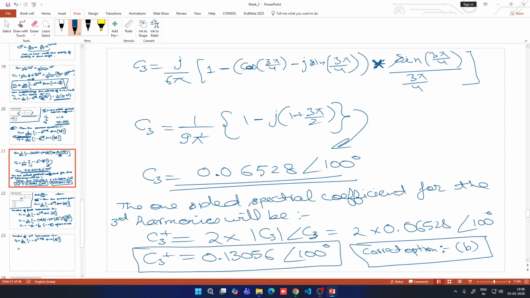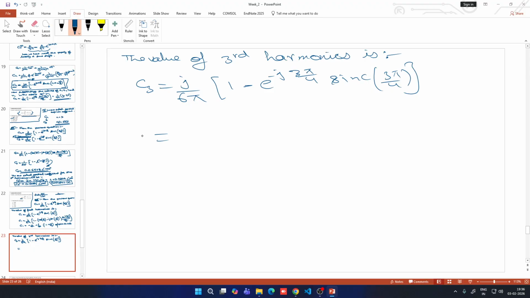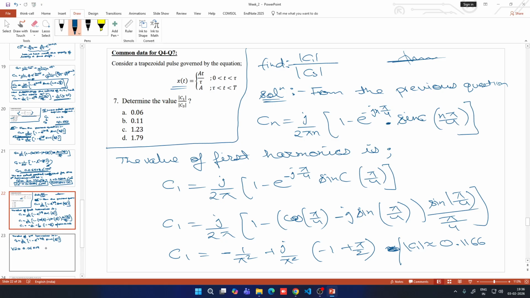In question number 6 we calculated that the amplitude of C3 is 0.06528, approximately.